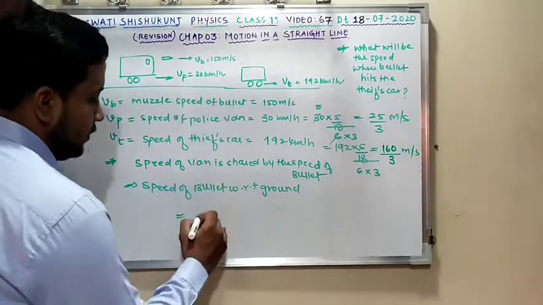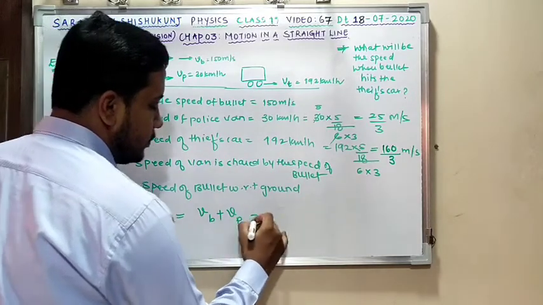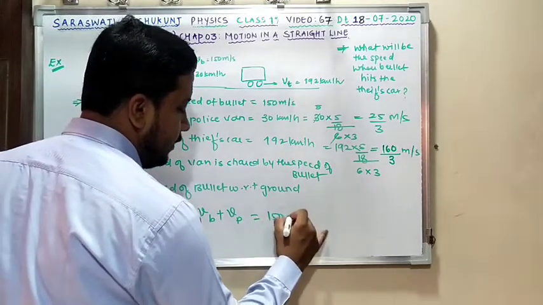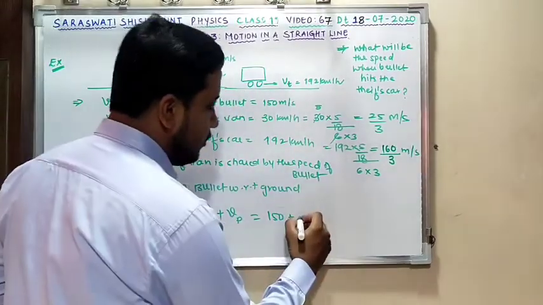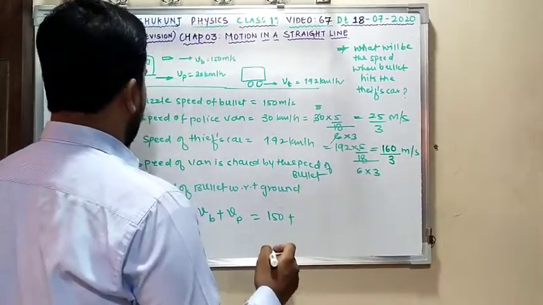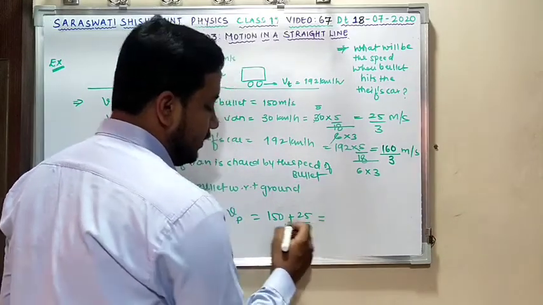So what I will do, speed of bullet plus speed of police van. So I am going to get my answer, that is 150. Muzzle speed of bullet is 150. Yes or no? And the police van speed is how much? The speed of the police van is 25 by 3. So 120, that is how much?